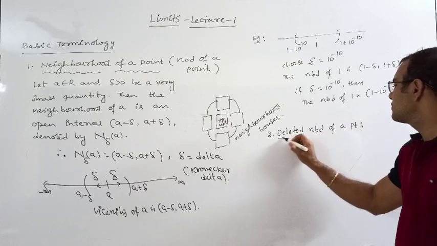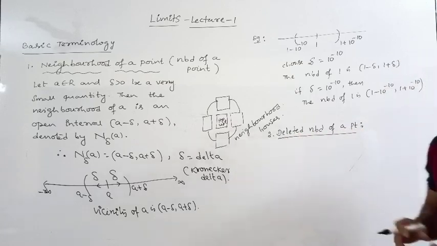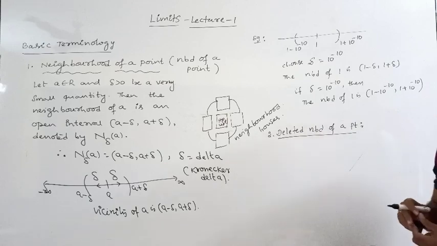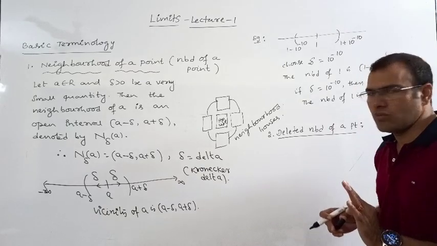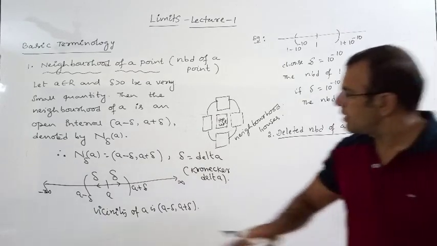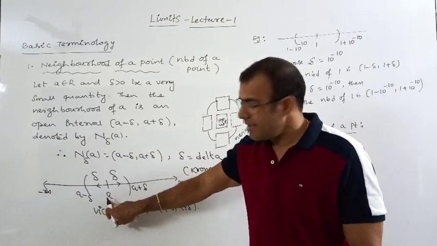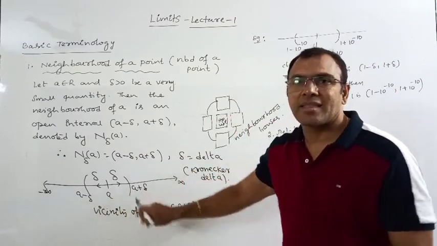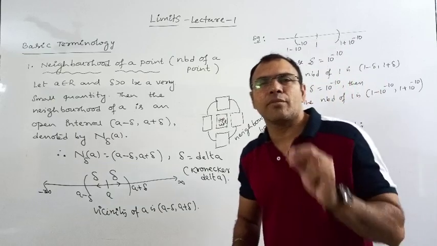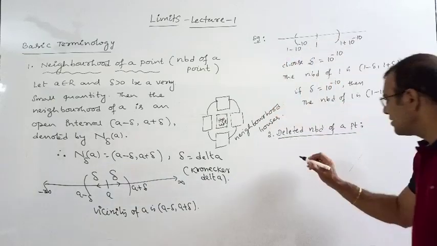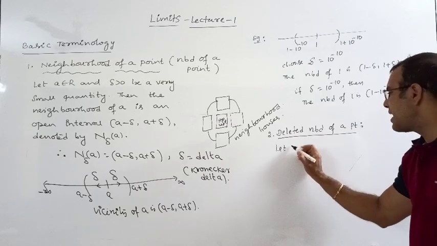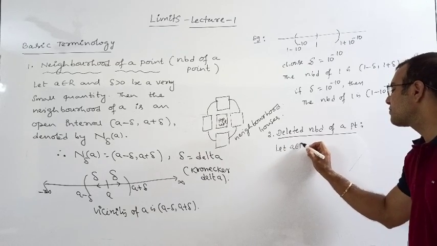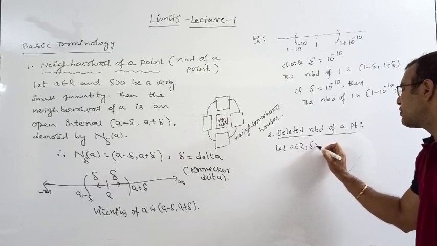Alright. So what is the meaning of this deleted neighborhood of a point? It is a very simple concept of neighborhood. If you remove this number A from this interval, that is known as a deleted neighborhood of a point. So let A belongs to R, delta greater than 0.